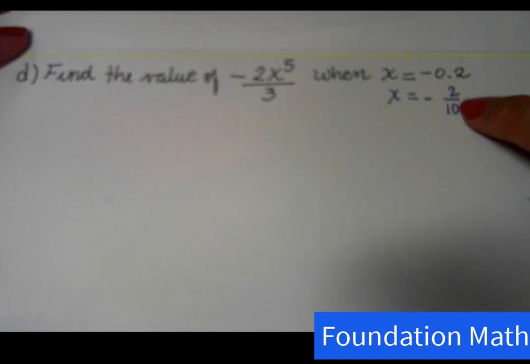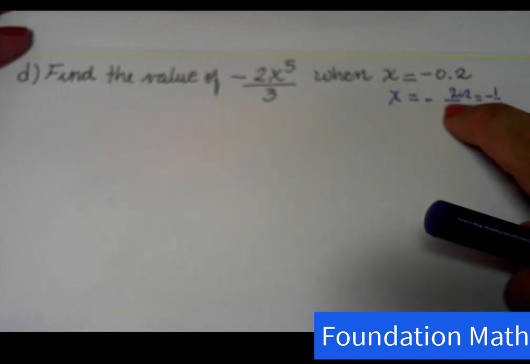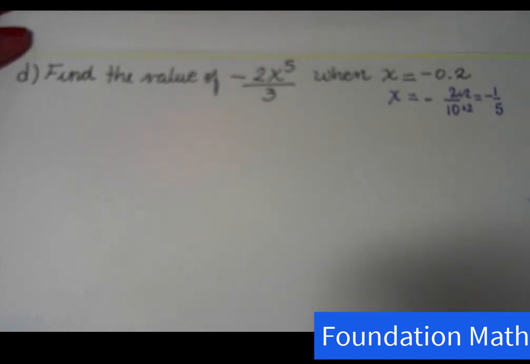So you divide by 2 both sides, and you're going to have negative 1 over 5, because 10 divided by 2 is 5, and 2 divided by 2 is 1. Negative 1 over 5. So this is the value of x. If you want, you just use the fraction, or you just use the decimal number. I'm going to use the decimal number first to see what's happening.